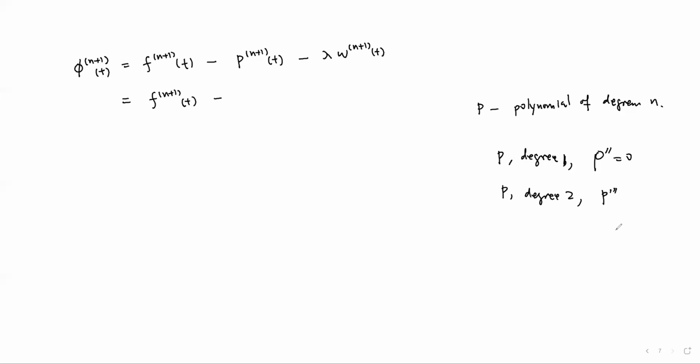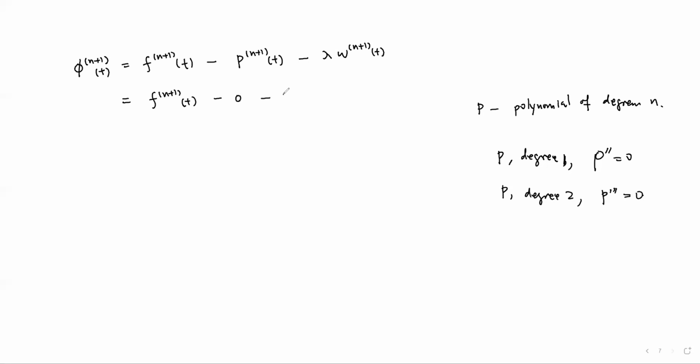The derivative should be 0, right? First derivative, then the result is a polynomial of degree 1. Take the derivative again, the degree is 0. Derivative again, 0. Yes, 0. So for p, taking the derivative n plus 1 times gives 0.